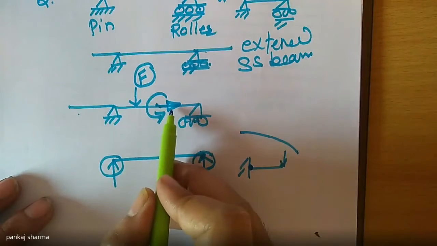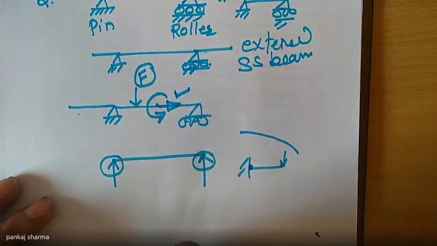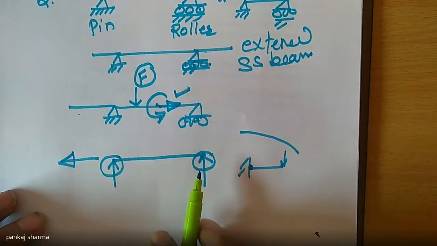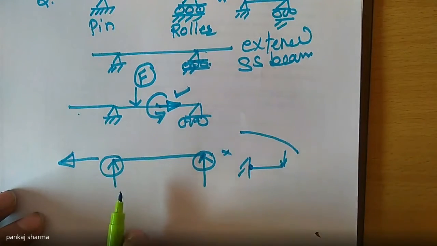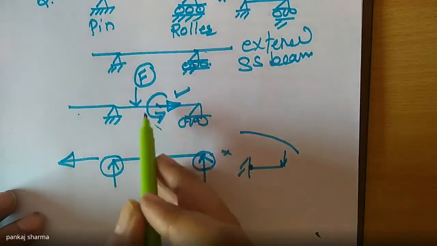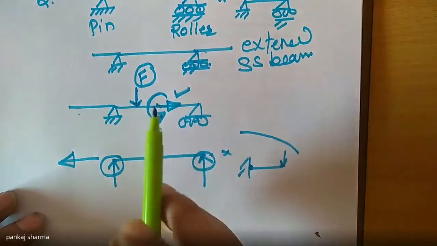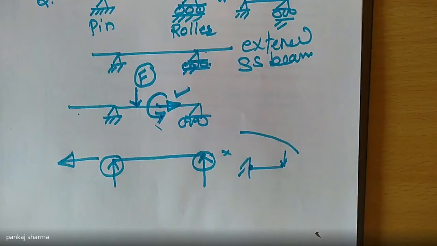Is a horizontal force there? Yes, it is there, so we have to draw a horizontal reaction. And this external moment is there, and this force is also creating a moment, means an external moment is there, so there will be a reacting moment also.